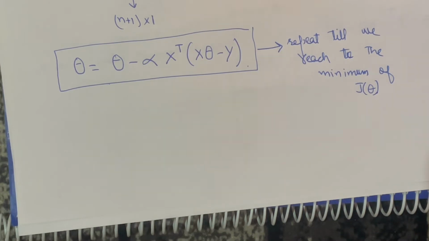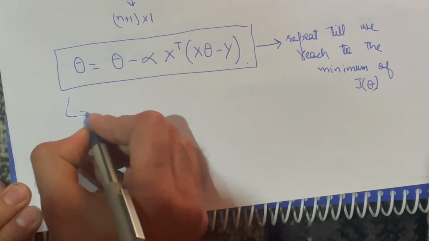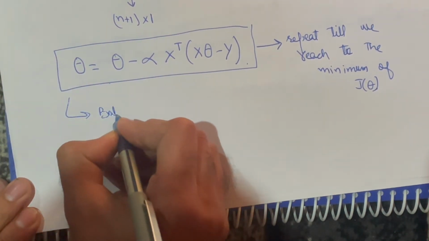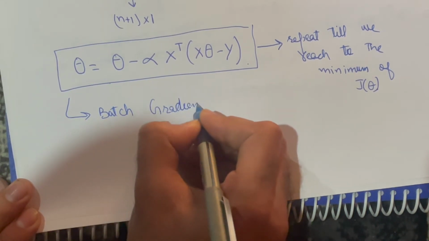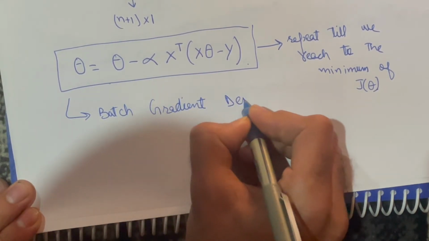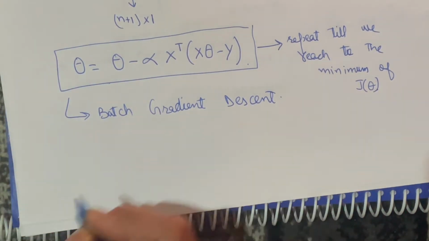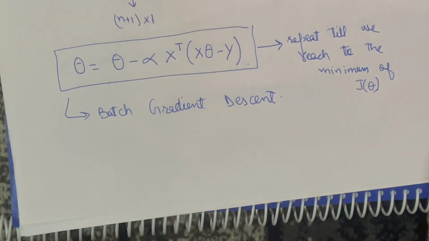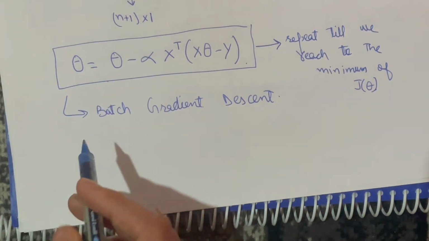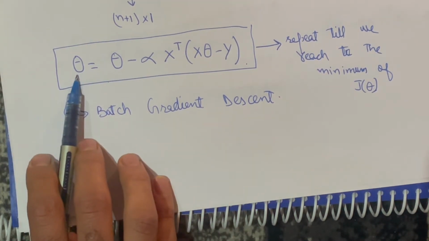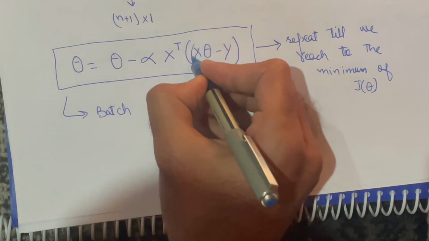And you can see one thing in this particular gradient descent model, it is also called batch gradient descent. Why is it called batch gradient descent? You can see from here, both in the iteration or in the matrix format, for example, let's take the matrix format. If we have to update theta, we need the entire data set.